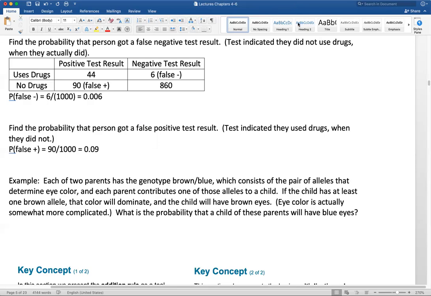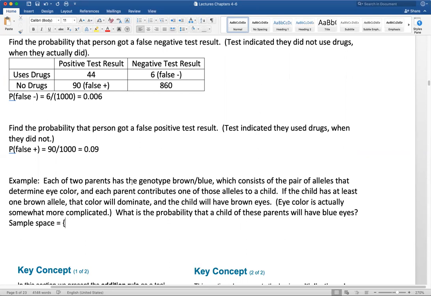So let's figure that out. Let's figure out the sample space first. You see that here each parent has a genotype brown or blue, which consists of a pair of alleles that determine eye color, right?